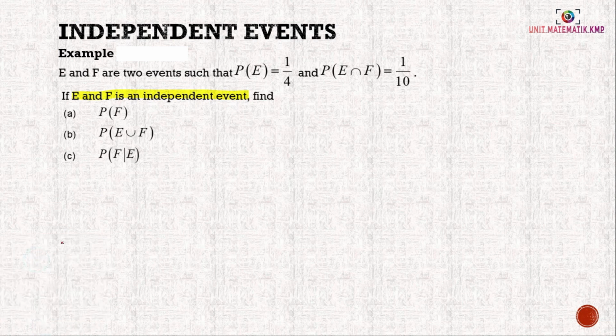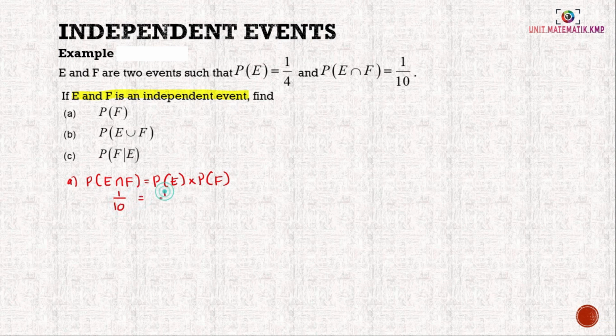Okay, soalan pertama, find probability of F. So macam mana kita nak cari probability of F? So dia dah given dalam question, probability of E, kalau independent event, probability of E intersect F is equal to PE times PF. So PE intersect F is 1 over 10.